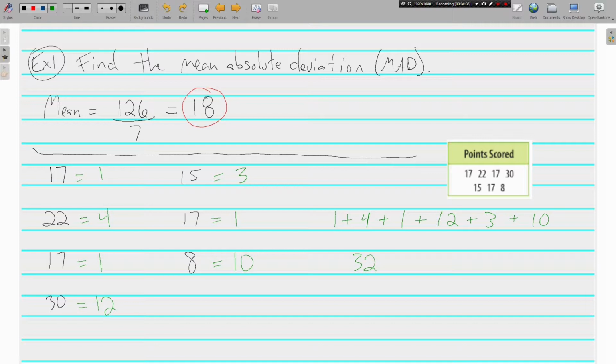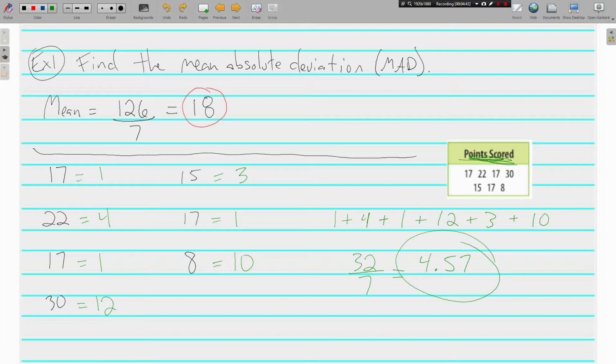And how many numbers did we add? 7. 32 divided by 7 gives us an ugly decimal that we're going to round to 4.57. This is the mean absolute deviation. It means on average, each number of points scored is about 4.5 points away from the average.